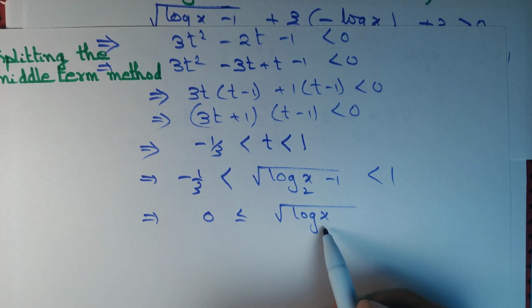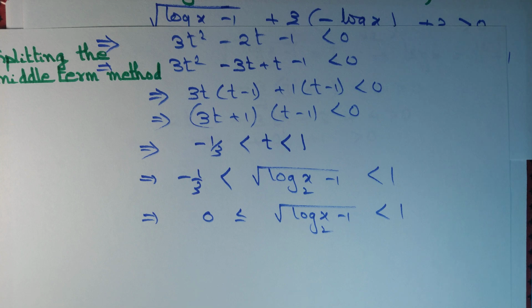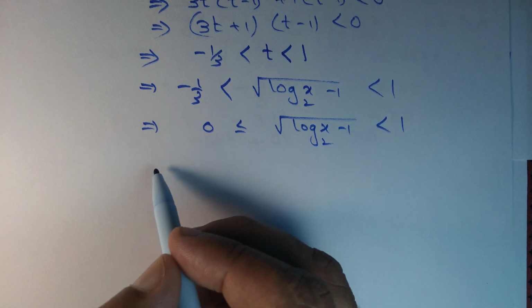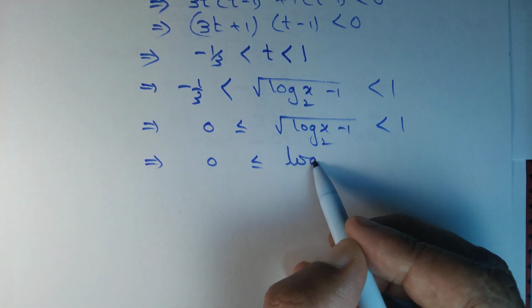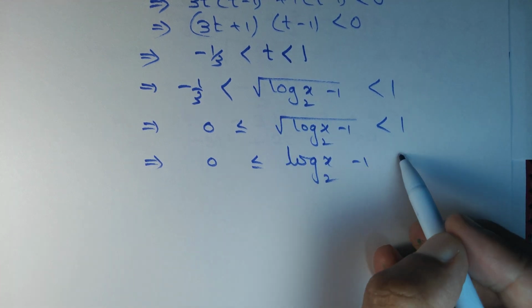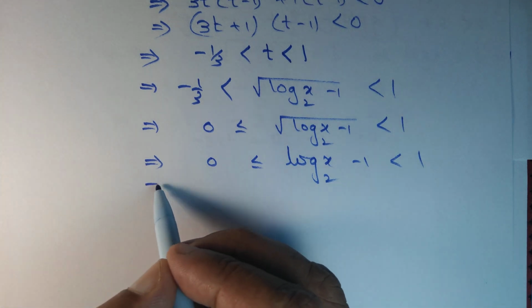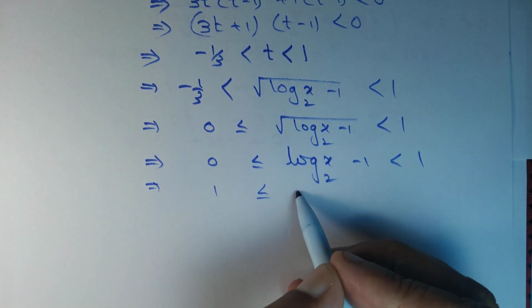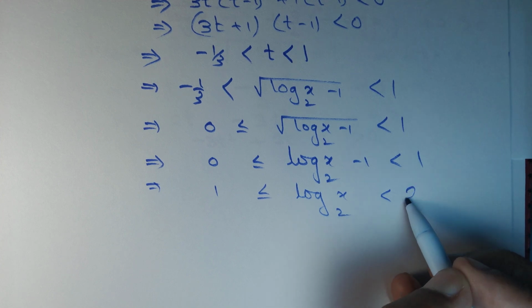So log x with base 2 minus 1 is greater than or equal to 0, and it has to be less than 1. Let's square it throughout. So 0 is less than or equal to log of x with base 2 minus 1, and less than 1. Now add 1 throughout to obtain 1 is less than or equal to log of x with base 2, which is less than 2.